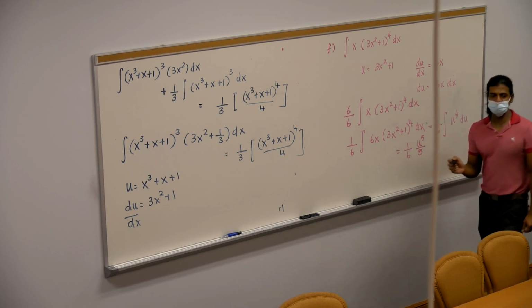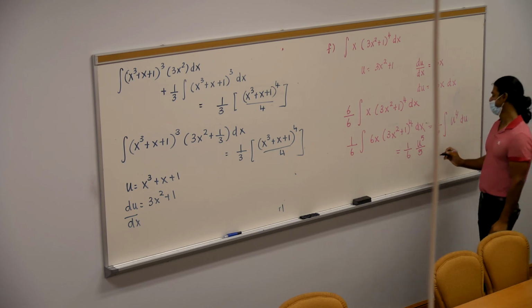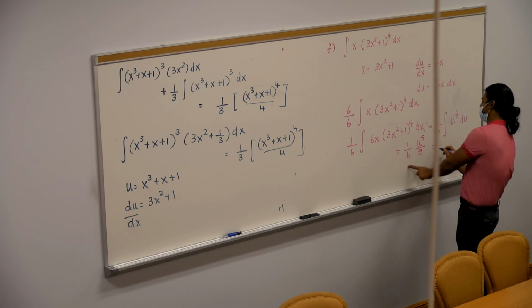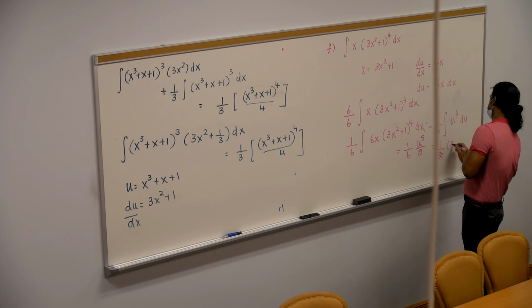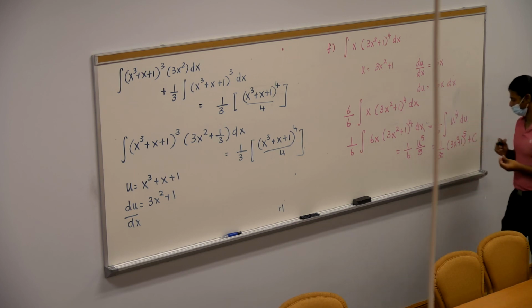But are we done yet? No, we have to plug the u back in. So 6 times 5 is 30, multiplied by (3x squared plus 1) raised to the 5th plus c.